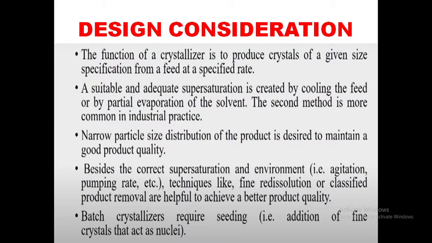Provide sufficient surface area to ensure supersaturation is consumed in a controlled way. Choosing the correct seed loading, that is mass and seed size, can help produce a final crystal product of a specified size.